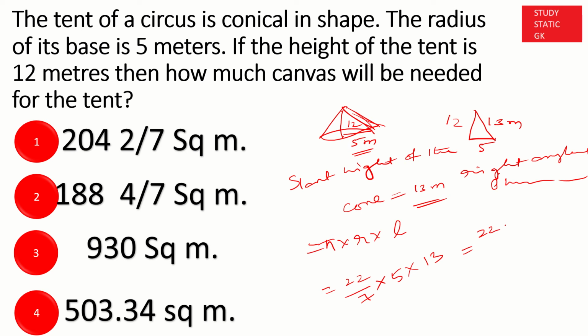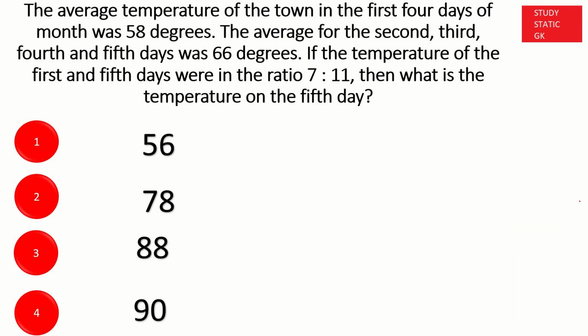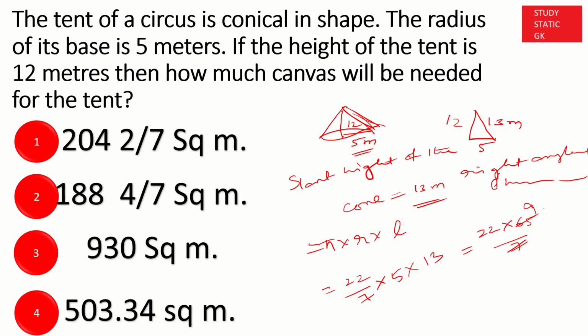So 22 into 13, 5 is 65, into 7. So 7 9s are 63, and again 20 is there, so 7 2s are 14.